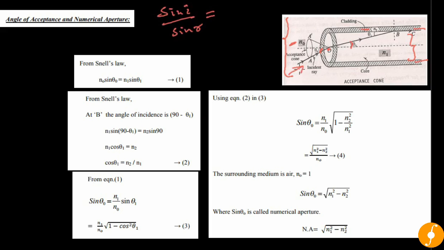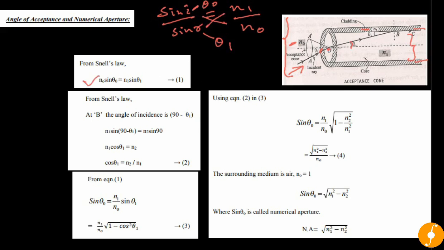Because the light ray is traveling from air to glass, it is the refractive index of glass, N1, divided by the refractive index of air, N0. At the place of I we write theta naught, and at the place of R we write theta 1. If we place these values and cross multiply, we get this equation.